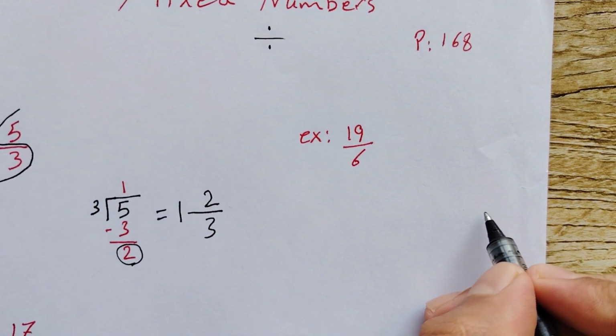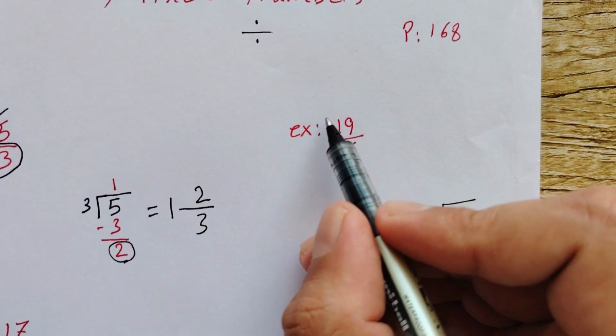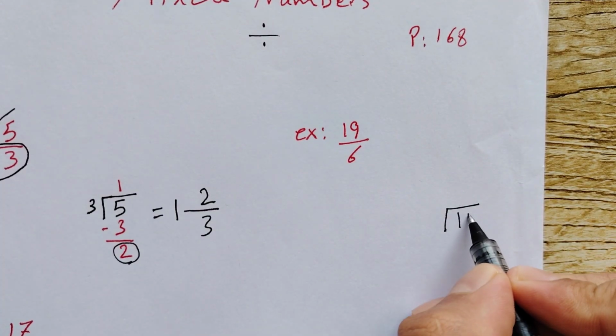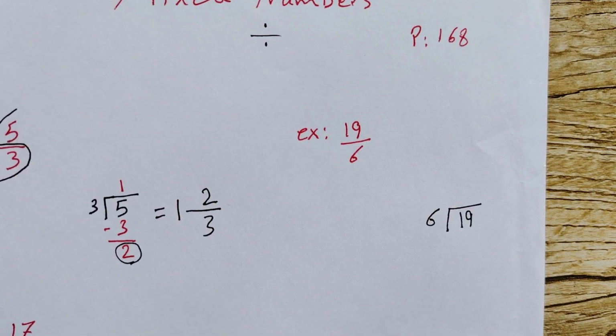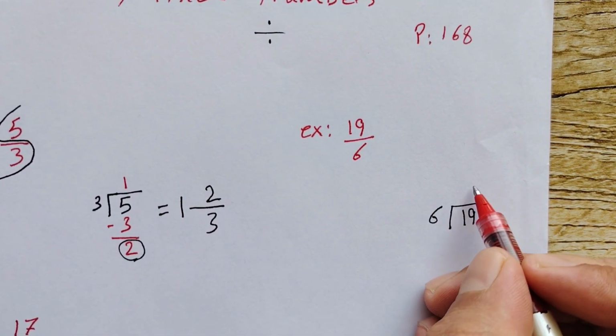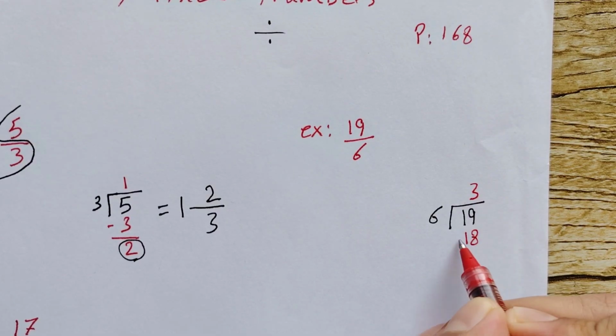Same for the next one. First we will write it as a long division. 19, do the s mentally in your head. 19 is on the right side, so I'm gonna write 19 as the dividend, and 6 on the left side. Now we just divide. 19 divided by 6 will be 3. 3 times 6 will be 18.